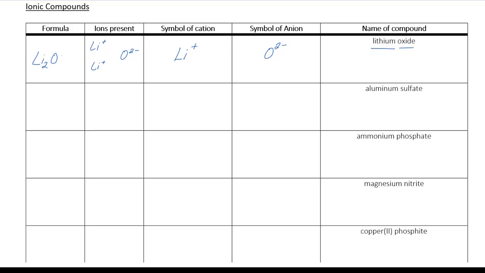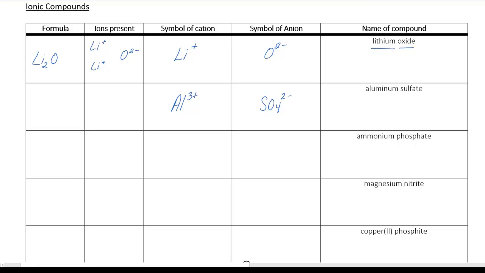In the next compound, we're working with aluminum. So again, based on its location on the periodic table, aluminum forms a +3 ion. Sulfate is one of our polyatomic ions to memorize. And we notice that they're not going to react in a 1-to-1 ratio. So we have to see what number they both have in common. So their least common multiple is going to be 6.